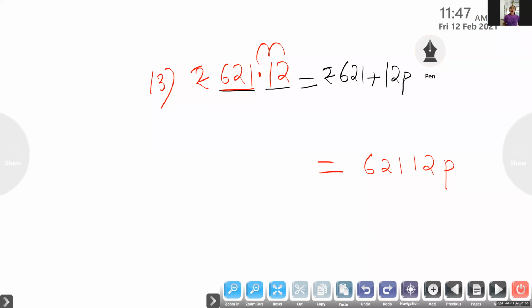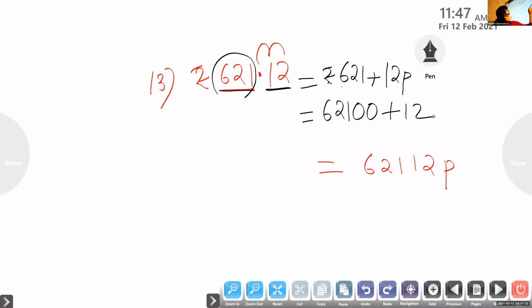So we are writing the steps. 621 is the rupees, plus how many paise? Now 621 rupees, what do we have to do? Rupees to paise, just add 00, then add 12.